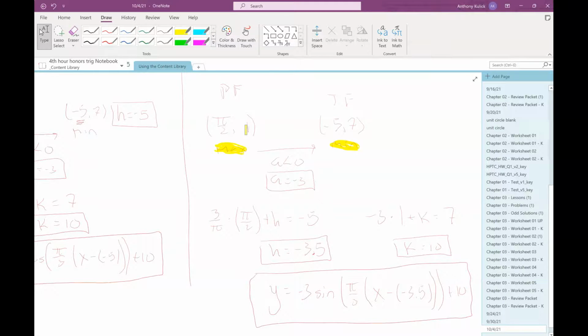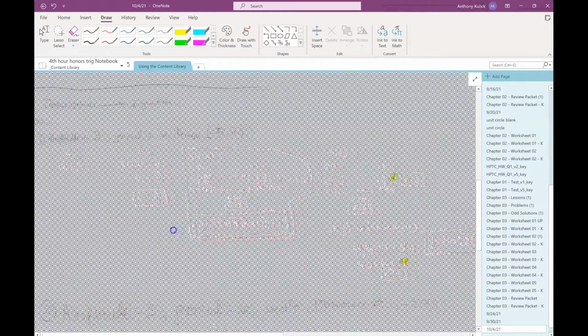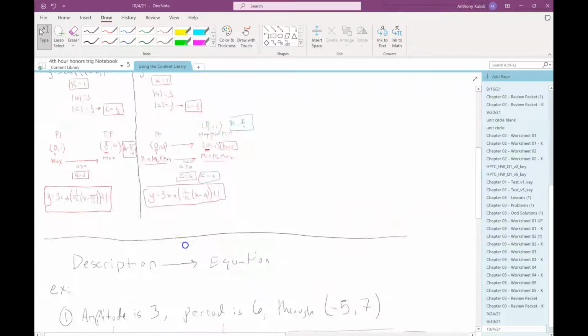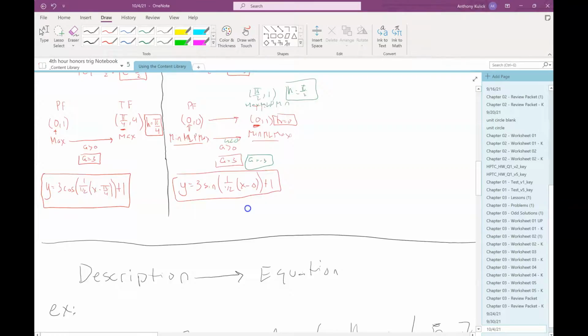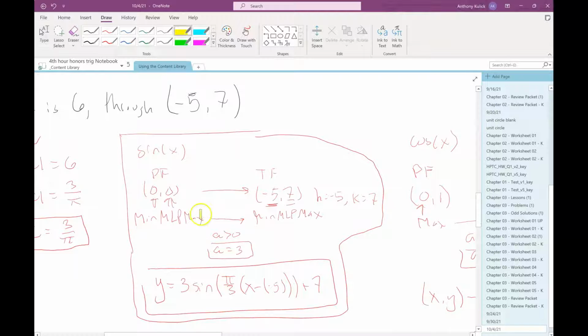Or if you're talking about midline points, if your midline point order was different, a would be negative. Here the midline point order is the same, that's why the a is positive. If you had the opposite order for your midline point, then a would have to be negative.